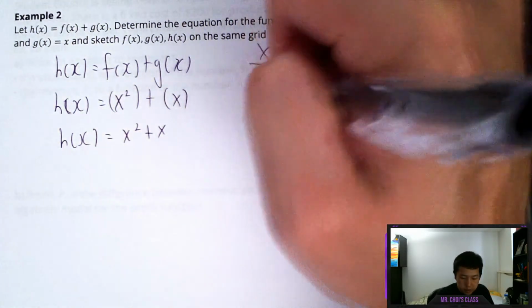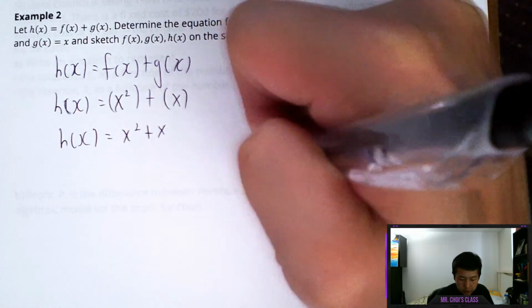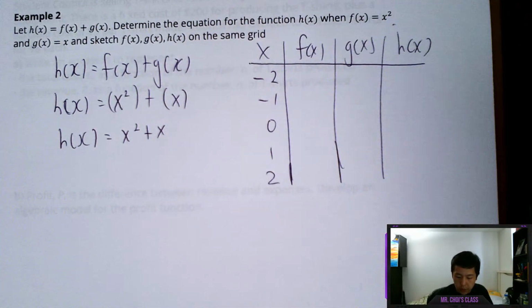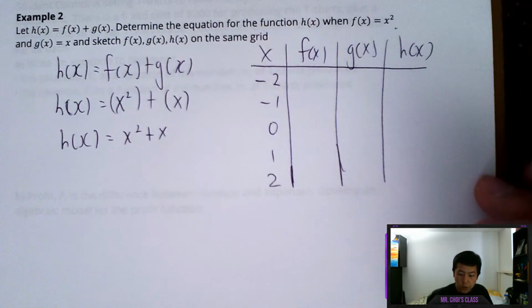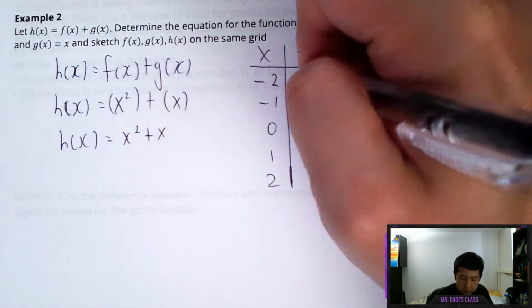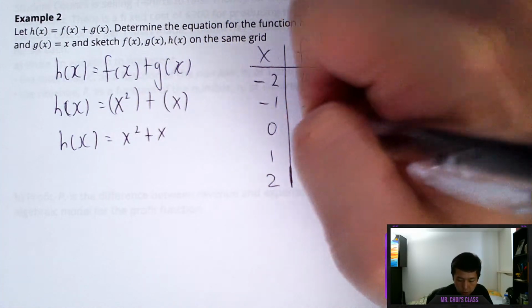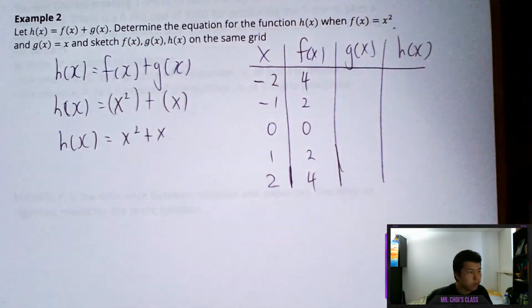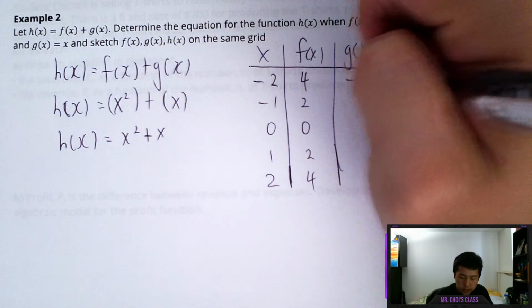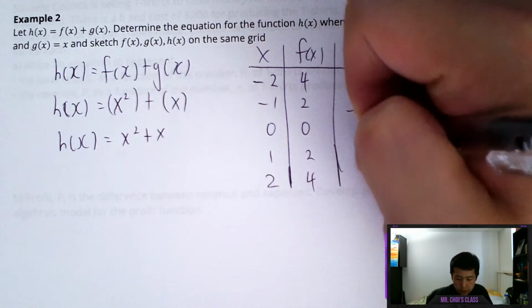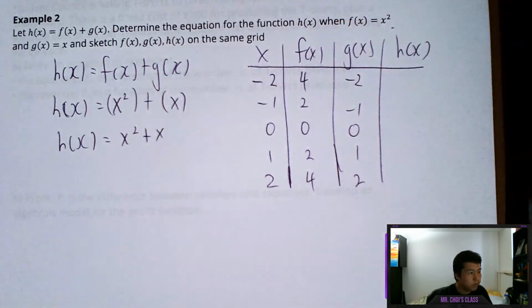We're going to pick some regular points here. So x values of -2, -1, 0, 1, 2. So in f of x, that's going to be 4, 1, 0, 1, 4. For g of x, it's going to be -2, -1, 0, 1, 2.